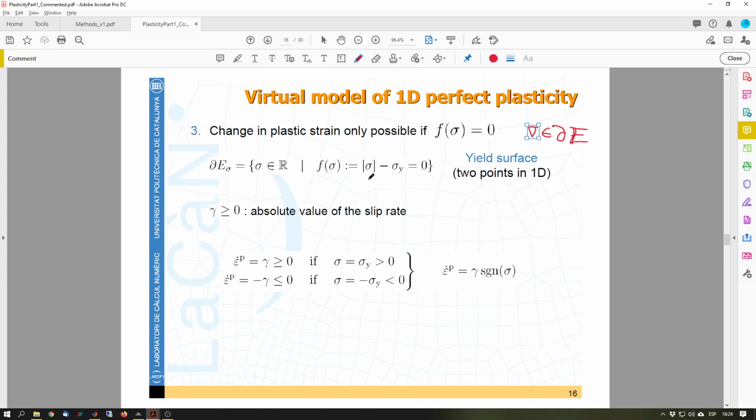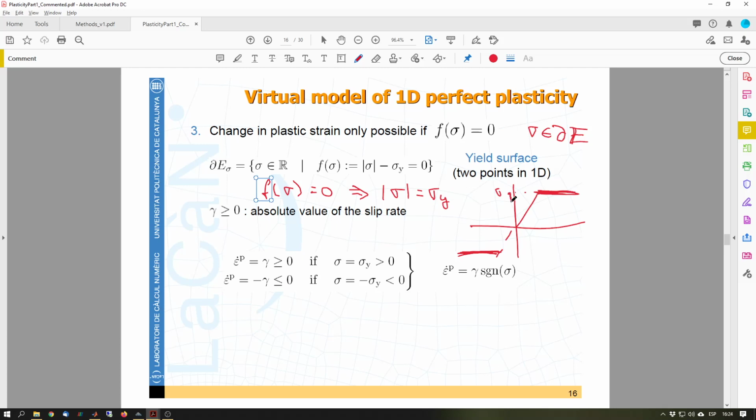At that moment, my stresses are equal to sigma y. Because f of sigma equals 0 means we are at the boundary, and equals 0 means that the absolute value is equal to sigma y. So we are at these two ends that we had here. We are either here or here.